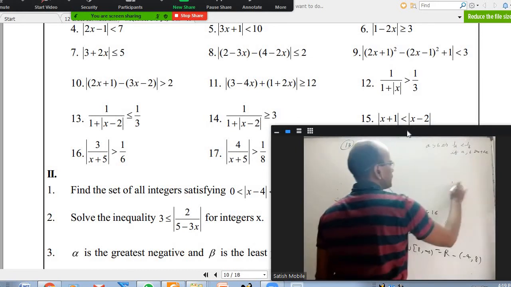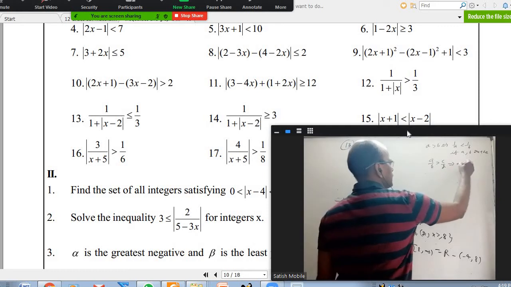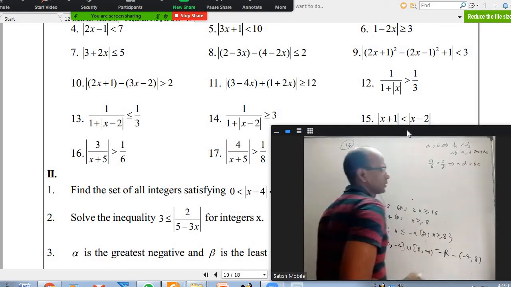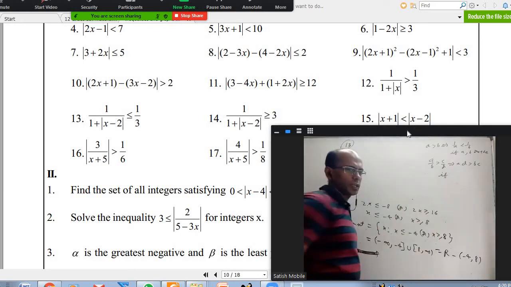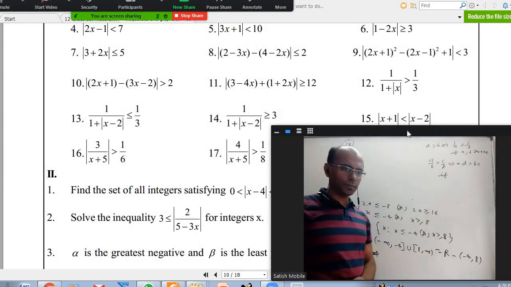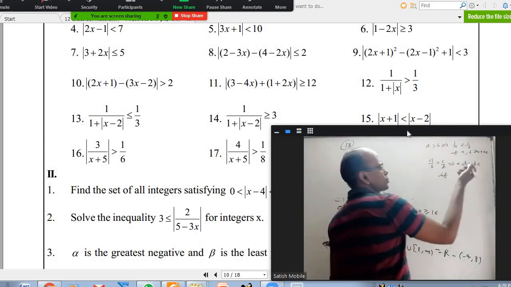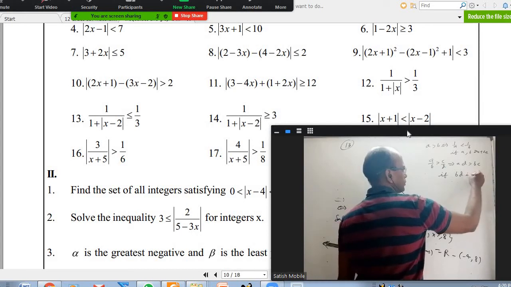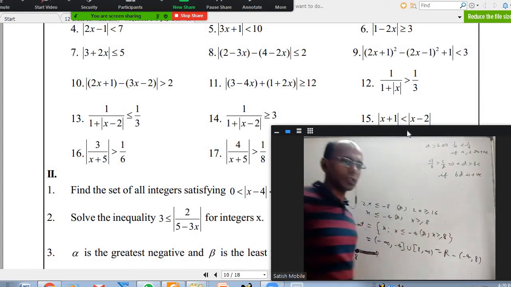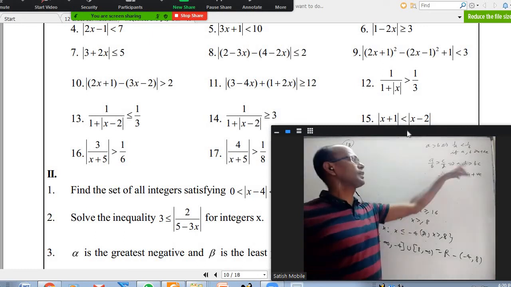Or A by B greater than C by D. Can we write AD greater than BC? Yes, we can write. Basically from here to here, what we have done is multiplied with BD on both sides. So if BD is positive, we can do that. Whether B and D both are positive, or B and D both are negative, also no problem, because we are multiplying with BD.